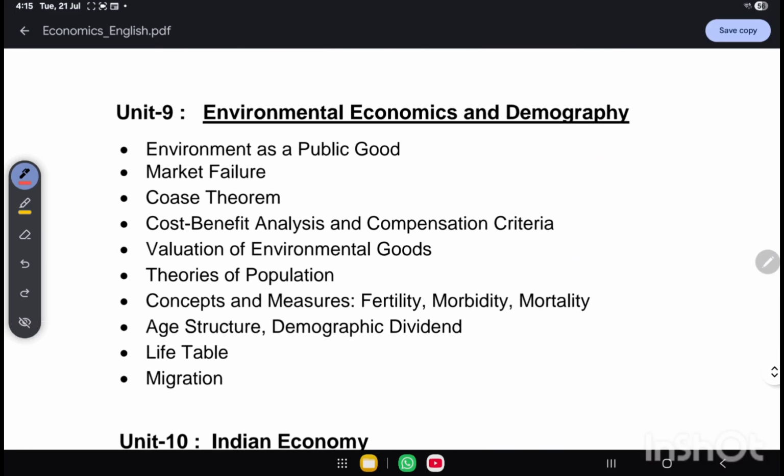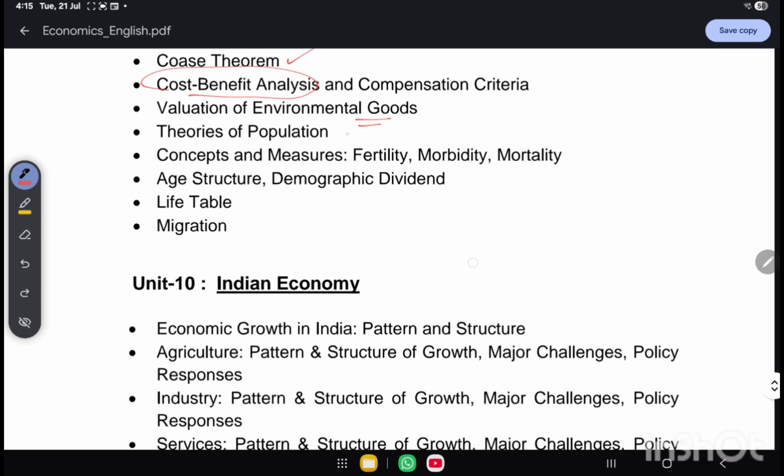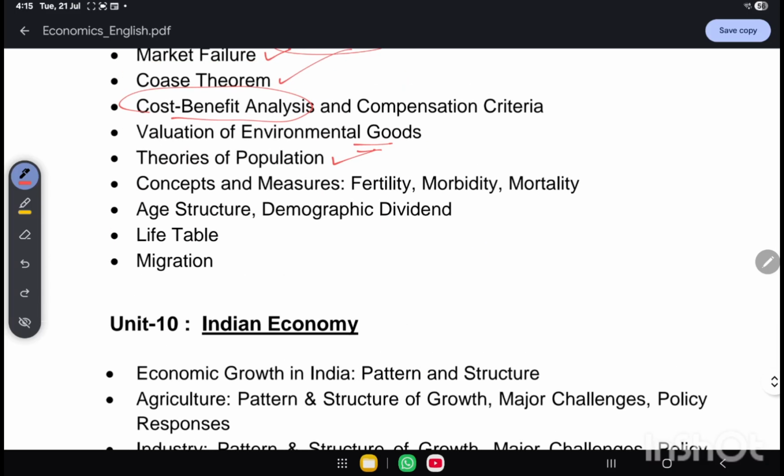And unit 9 is all related to environment economics as well as demography, where you're going to learn about the environment as a public good, how market failure happens, some theorems, some cost benefit analysis, how we are going to evaluate these environment goals, and some theories related to population, and how we are going to measure fertility, morbidity, and mortality, and what are the differences between these.